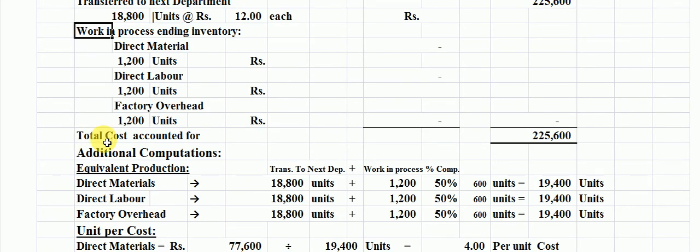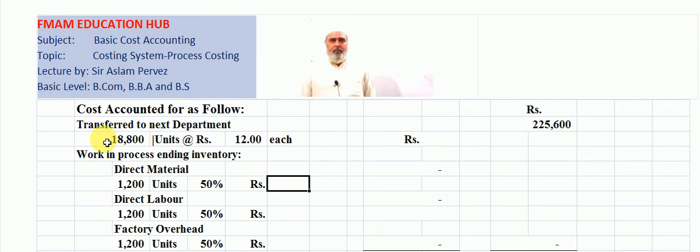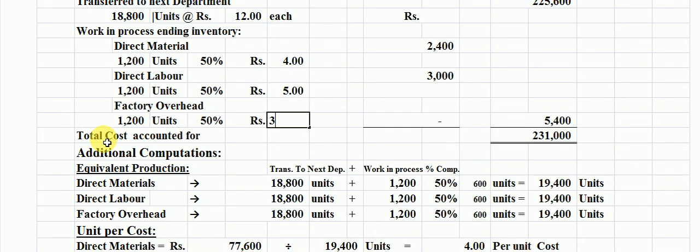Students, now we write the degree of completion: 50%, 50% and 50%. Now we put the per unit cost as material, labor cost and factory overhead cost: 4, 5 and 3.